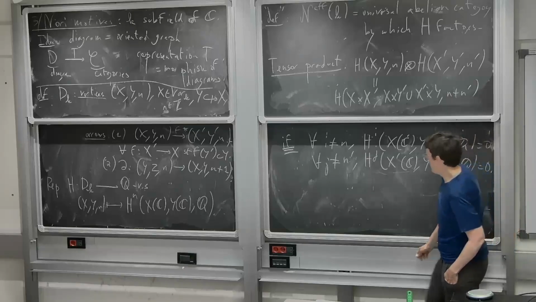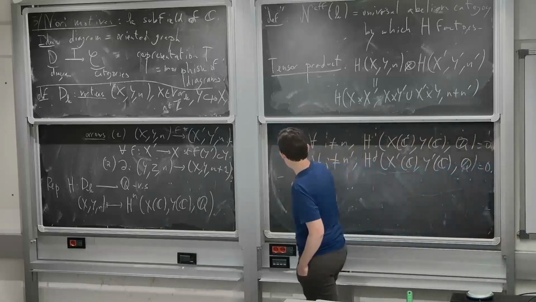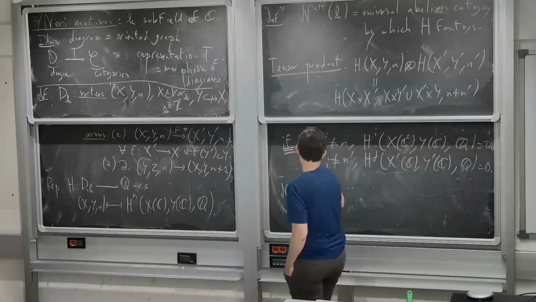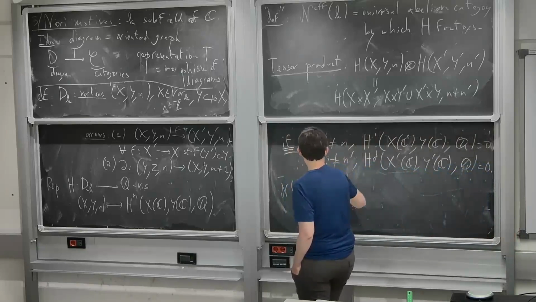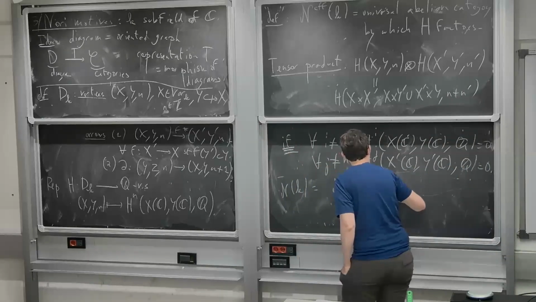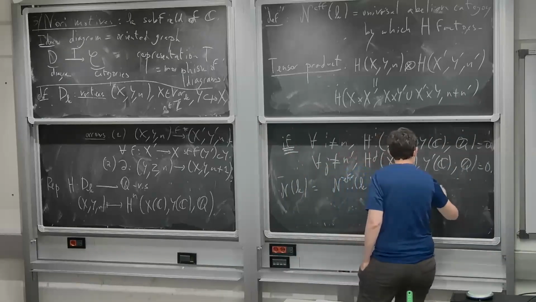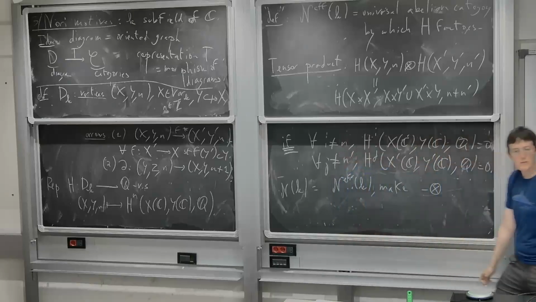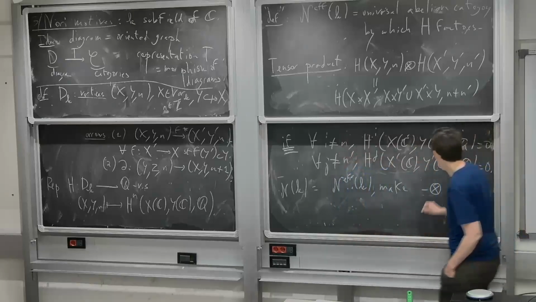And then, yeah, so the actual category of Nori motives, you take the effective one, and then you have to make tensor product by the Lefschetz motive invertible.